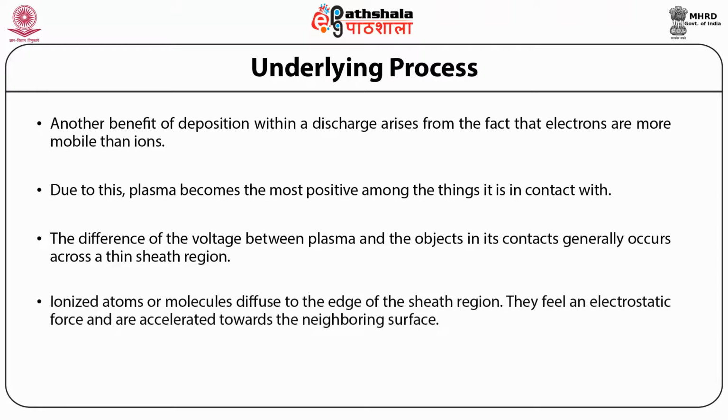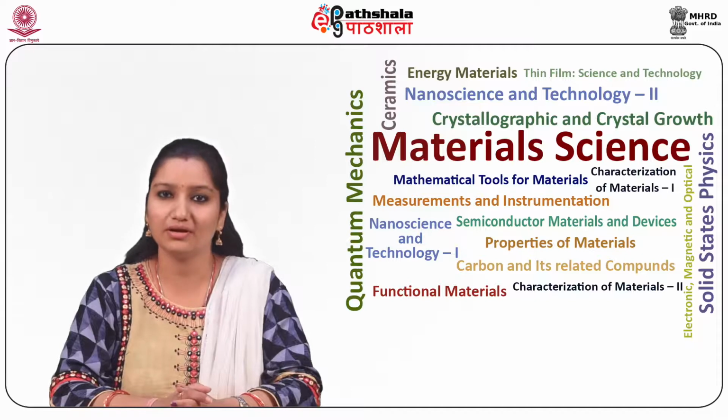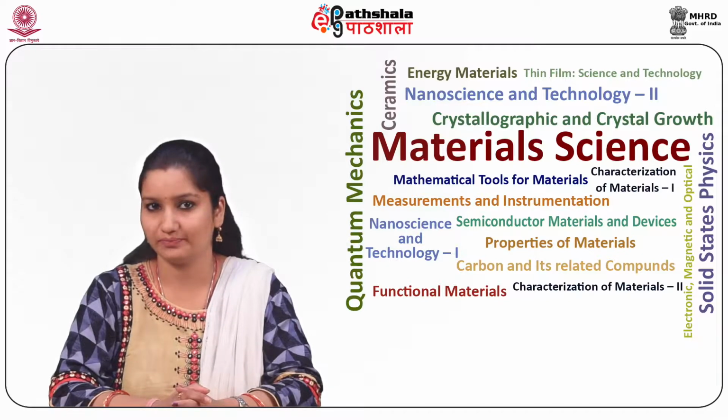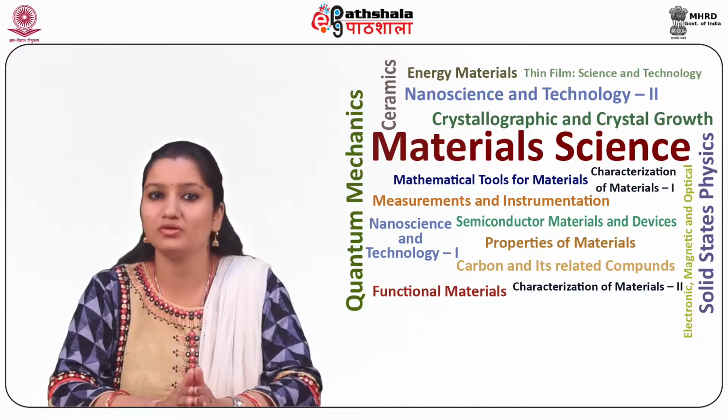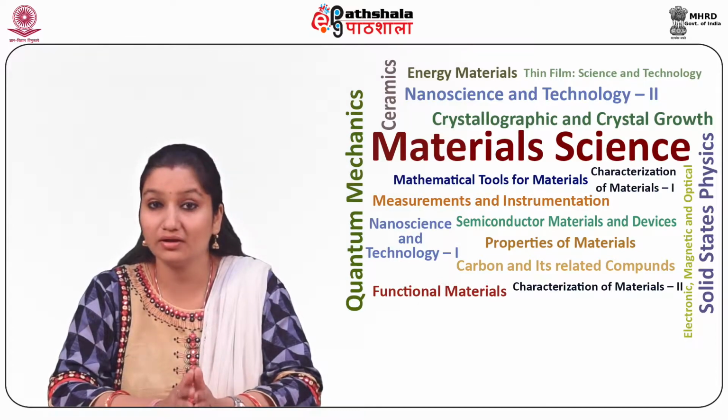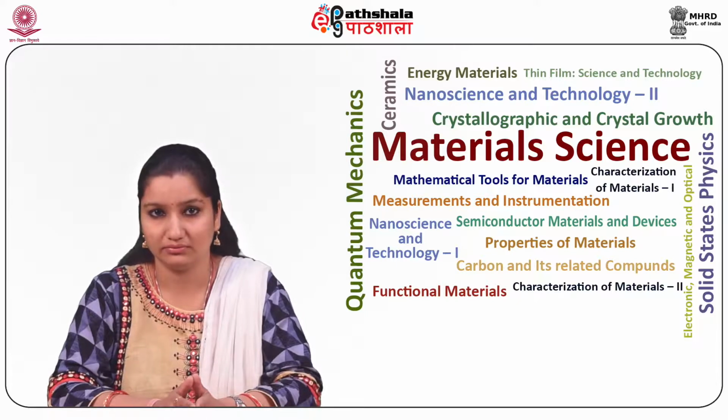Ionized atoms or molecules diffuse to the edge of the sheath region. They feel an electrostatic force and are accelerated towards the neighboring surface. Thus, all the surfaces which are exposed to the plasma get energetic ion bombardment.